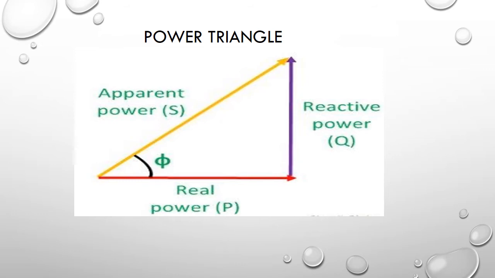Those components cause reactive power, while apparent power is the vector summation of reactive and real power.